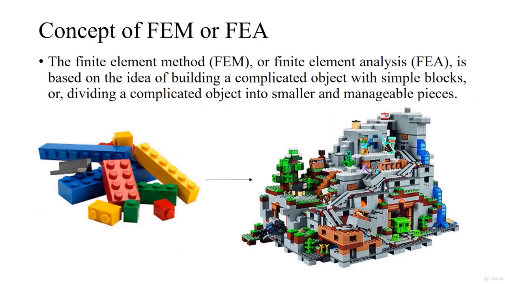Then finally coming to our basic concept of FEM or FEA, finite element method or finite element analysis. So for example, let us say we have created this complicated Lego building. In order to create this complicated Lego building, we need to use such simple parts, or such simple objects.